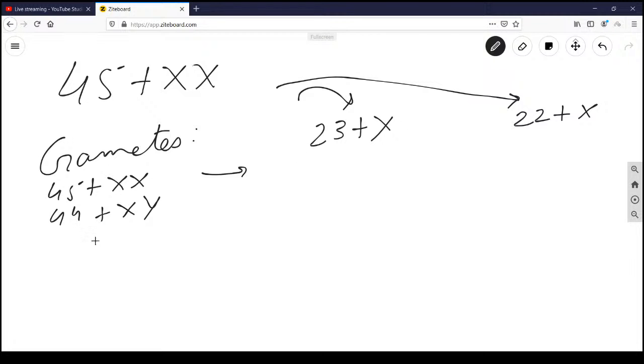In case of father, it will be 22 plus X and 22 plus Y.